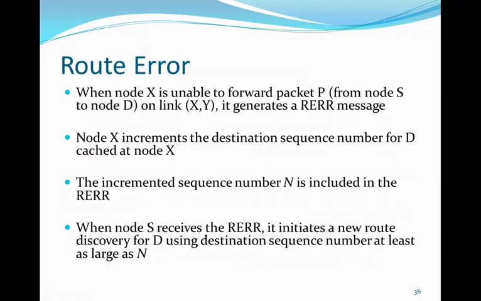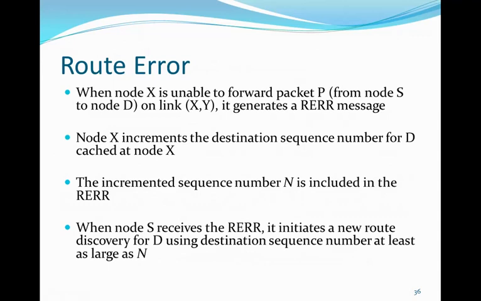Now, in route error, let's consider a node X which is unable to forward a packet P from node S to node D via a link X to Y, then it will generate the route error message. Node X increments the destination sequence number for node D cached at node X, and this incremented sequence number N is included in the route error.